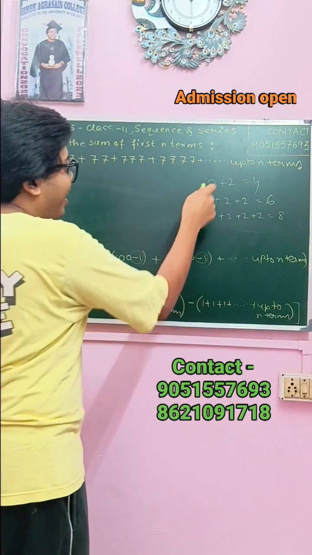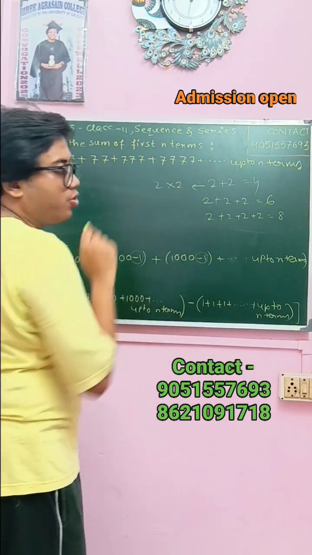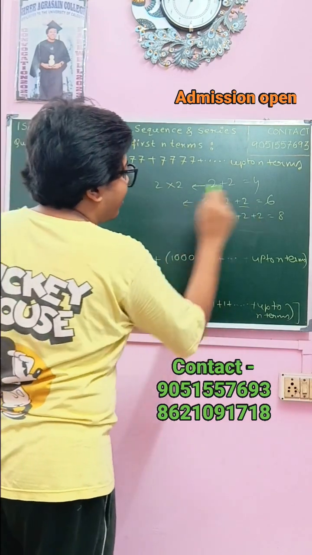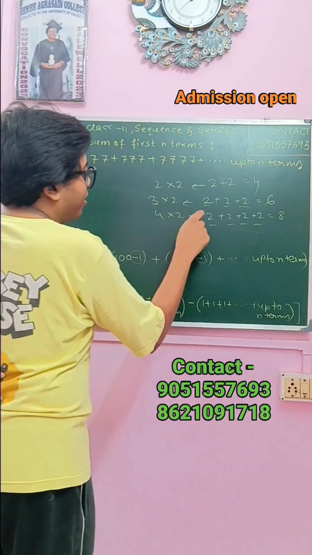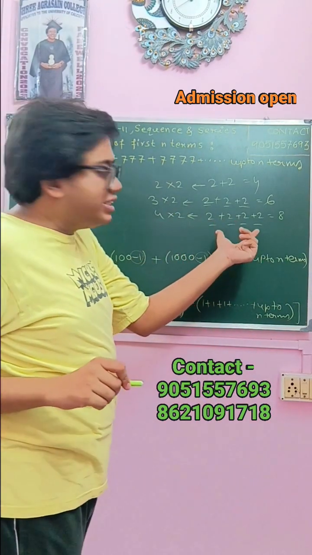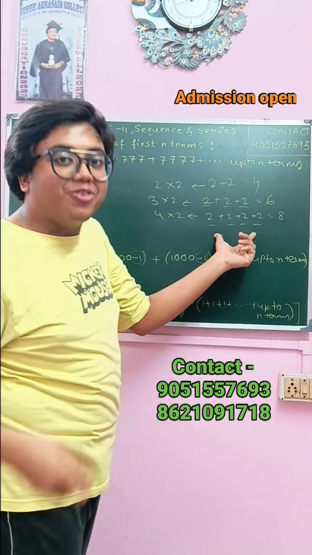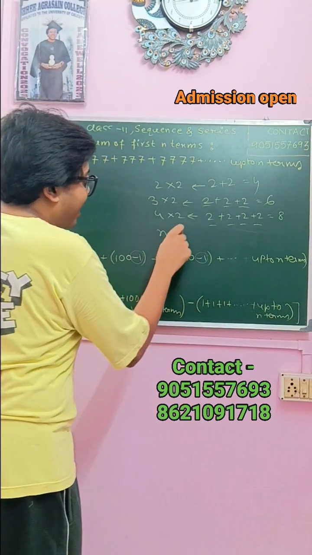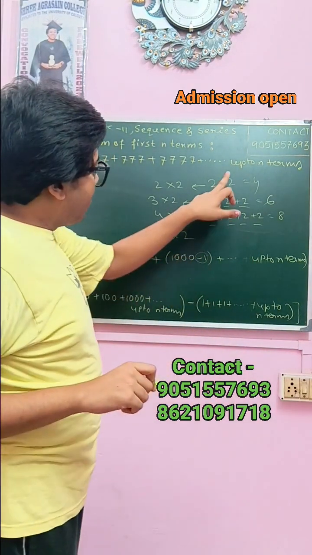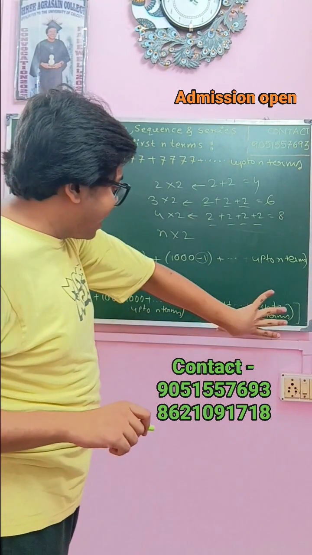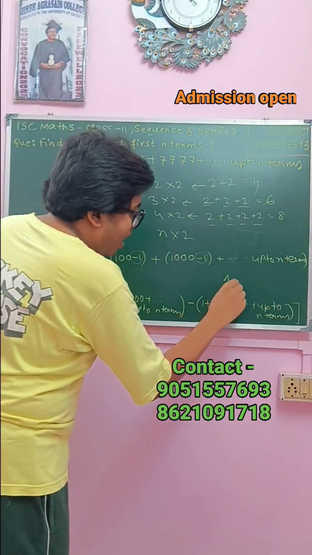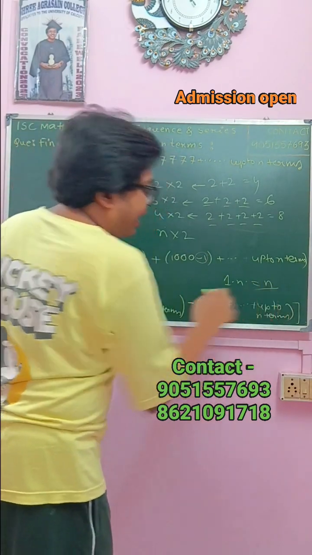That means I am doing 2 into 2, here 3 into 2, here 4 into 2. If I have these repetitions up to n times, what happens? Yes, n into 2. Here we have 2 and here we have 1. That means what does this bracketed portion become? Yes, 1 into n. That is ultimately n.